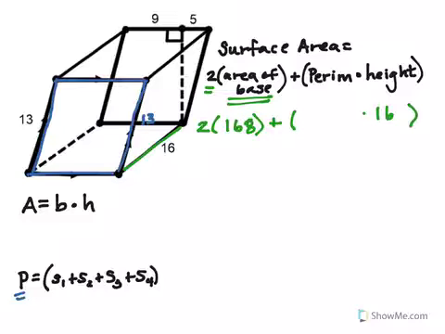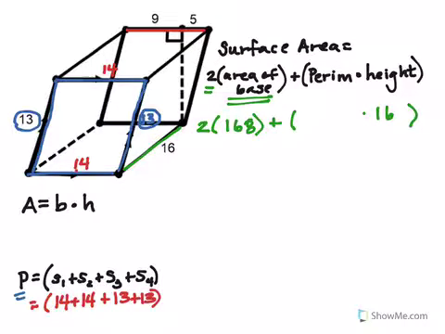So if this one here is 13, then this one is also 13. And we solved up here that this 9 plus the 5 is 14. So this length must be 14, and this one here must also be 14. So we get 2 times 14, or 14 plus 14, plus 2 times 13, or 13 plus 13, to solve for our perimeter, which is just going to be 54.